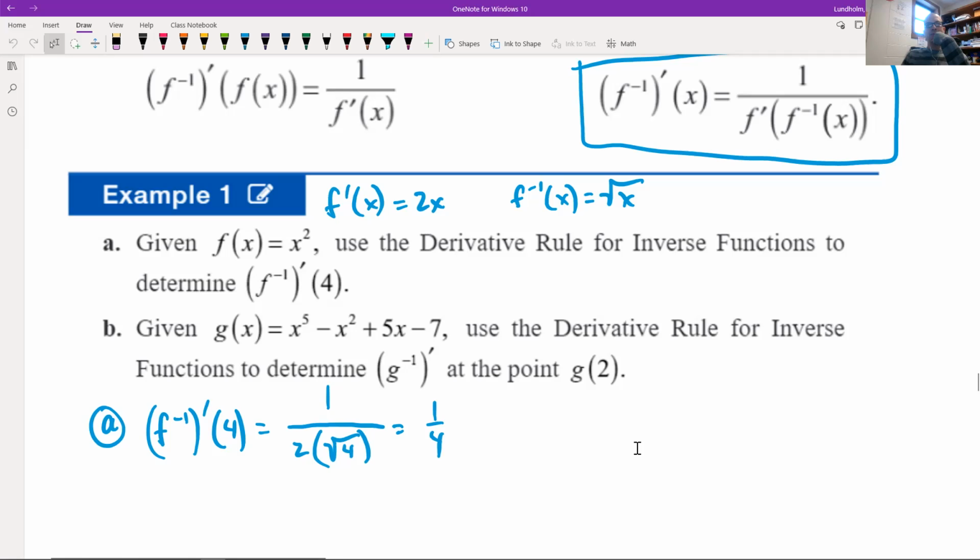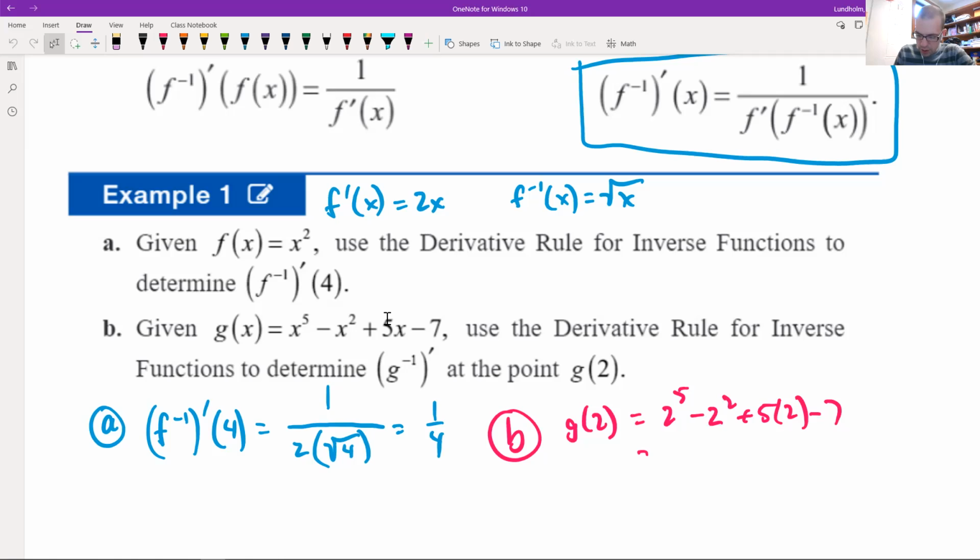So what we would do is, real quick, let's just do it. We would find g of 2, and that would be 2 to the 5th minus 2 squared plus 5 times 2 minus 7. So it's 32 minus 4, which is 28, plus 10, which is 38, minus 7, which is 31.